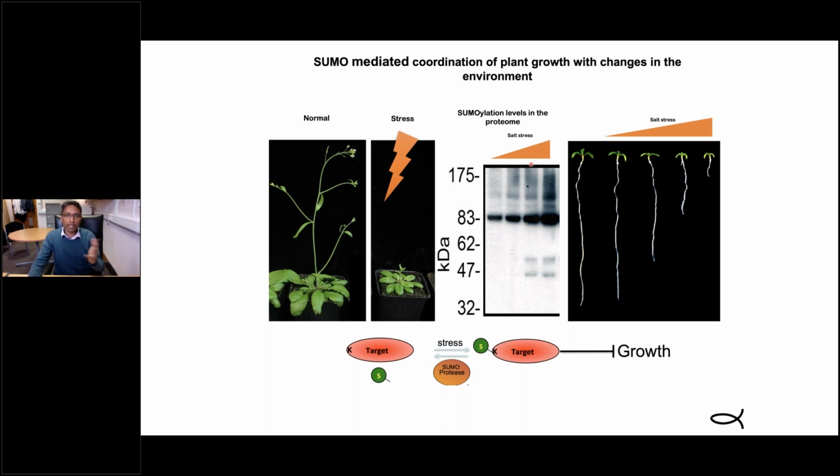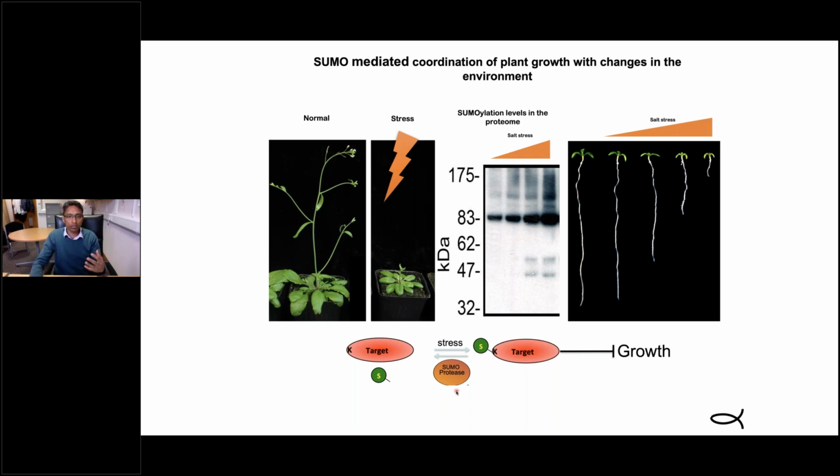You can control that SUMO conjugation by controlling the particular stress, and you can find out what those targets are by mass spectrometry, and then identify which lysine the SUMO is conjugated to, and then start learning how SUMO controls or impacts the particular adaptive response.